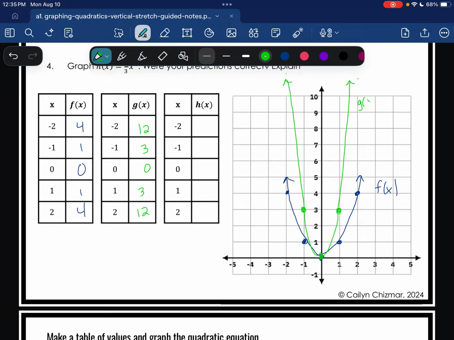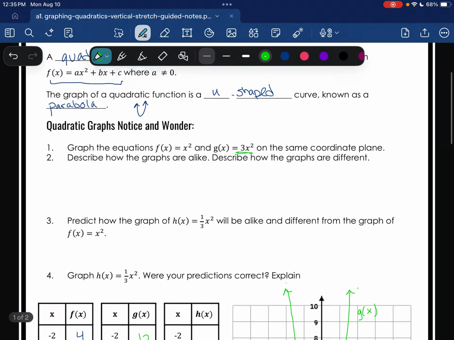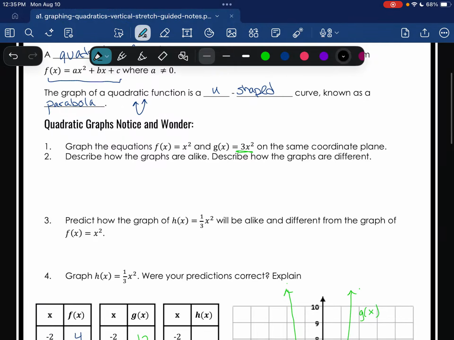And so this part here, your answers are going to vary, of course. But hopefully you said something along the lines of they both open up.